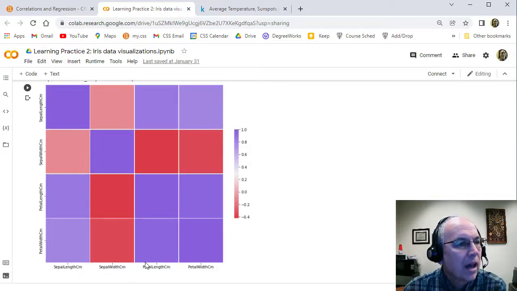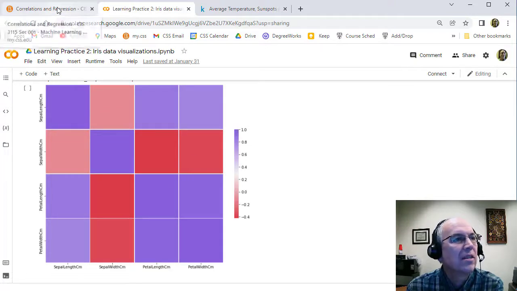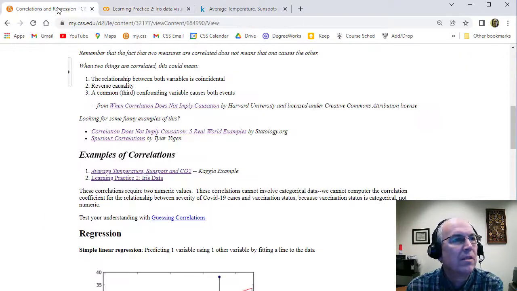But the petal length and the petal width here are very correlated, almost as much as the petal width with itself. So again, this is a heat map sometimes used to show these, and sometimes you can actually display the correlation values in the graph rather than just colors, or some combination of those.